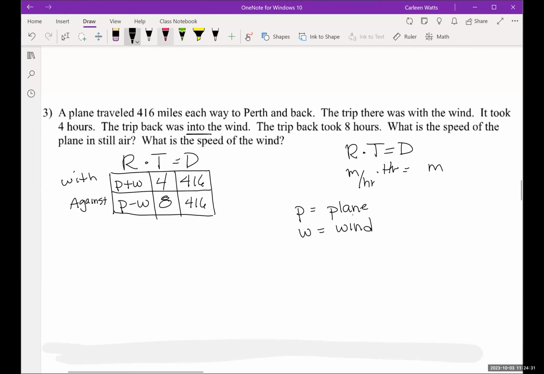So back to this. Rate times time equals distance.